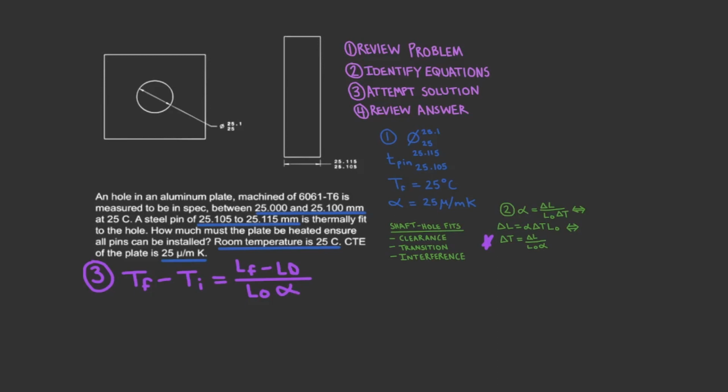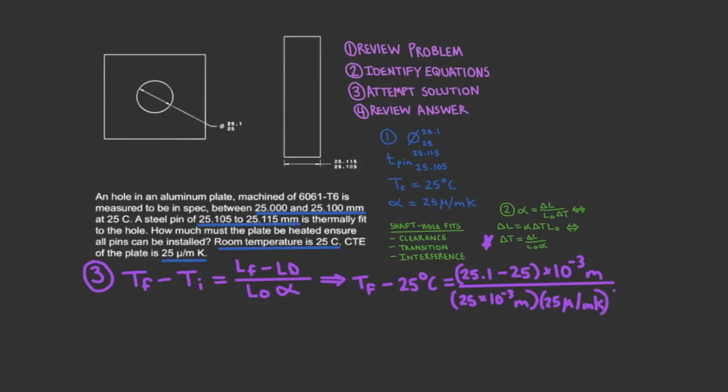Doing this, we get final temperature minus 25 degrees Celsius, our initial temperature, is equal to 25.11 millimeters minus 25 millimeters, or the maximum amount our plate diameter changes within its tolerance, times 10 to the negative third to convert millimeters to meters, divided by our initial hole diameter, which is 25 times 10 to the negative third meters, divided by our coefficient of thermal expansion, which is 25 microns per meter Kelvin.